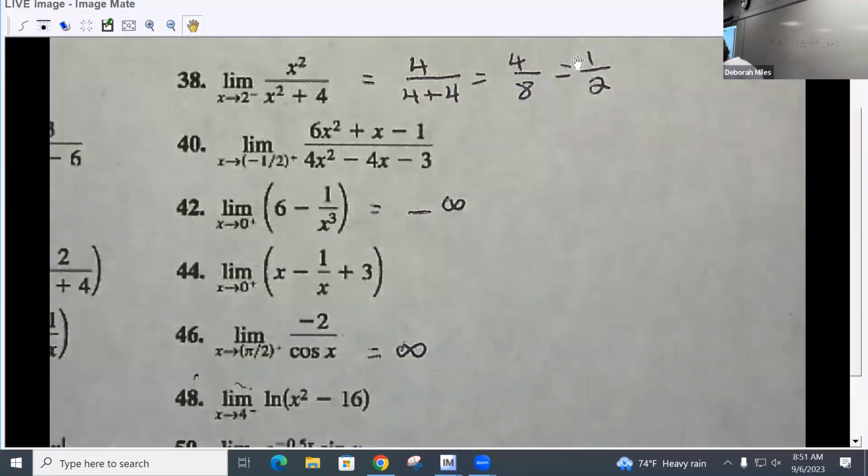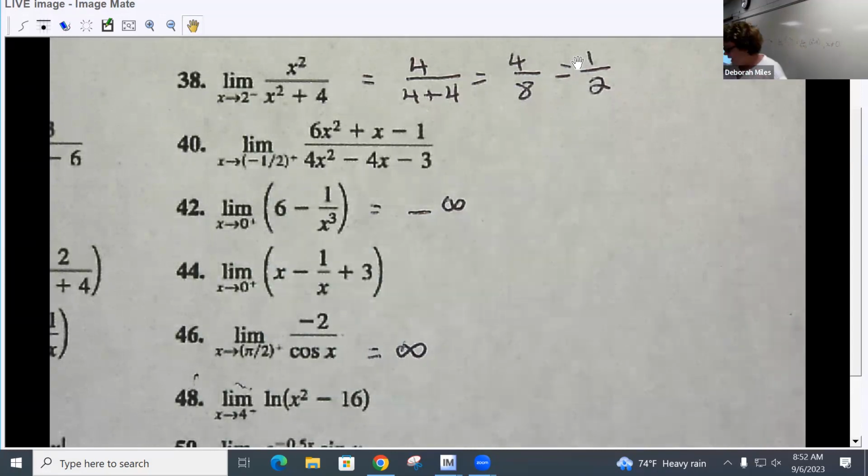All right. Basically, that's what you do on the rest of the homework. You just try direct substitution. If you get indeterminate form and you cannot resolve it, that tells you there's a vertical asymptote, and you look at the graph to see whether the y's are going to positive infinity or negative infinity.